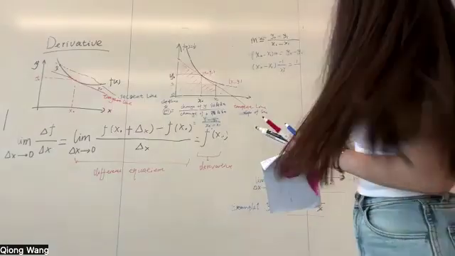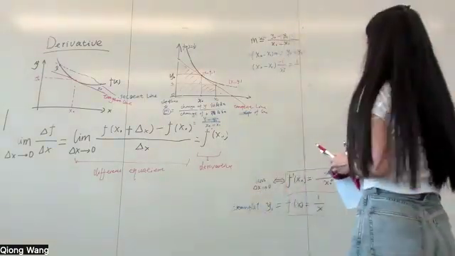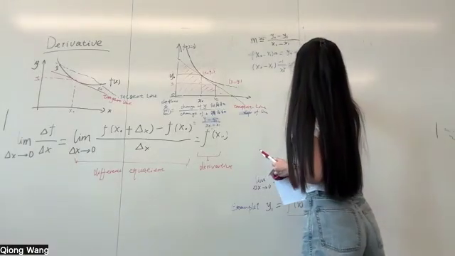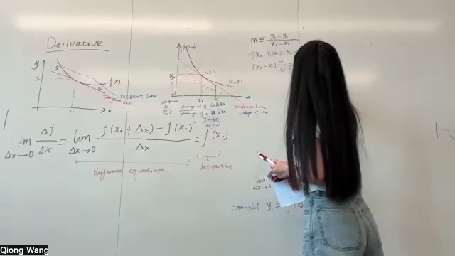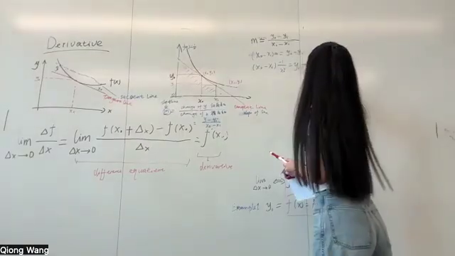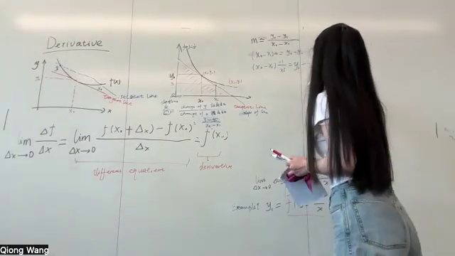Okay. It should be 1 over x0. Yes, you're right. Yeah, because now this point is on the curved line.